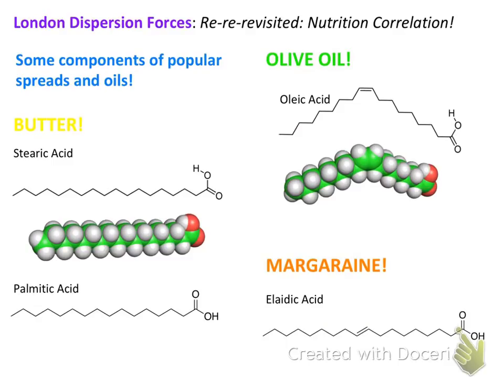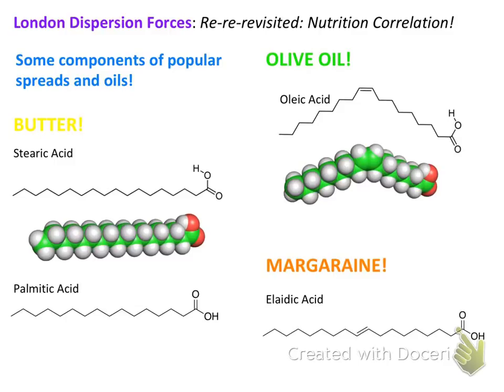To invoke one more familiar example, something that we might be able to relate to on the macroscopic level, let's revisit London dispersion forces and talk about some interesting nutrition correlations here. So here we have the primary components of several spreads and oils.